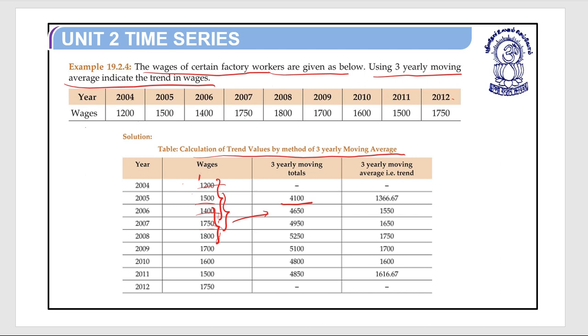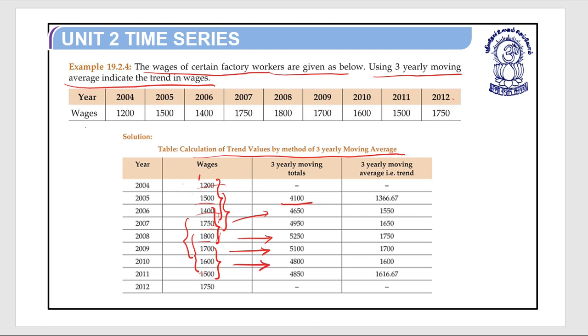For 2008, take 1750 plus 1800 plus 1700. So for 2008 you will get 5250. For 2009, take 1800 plus 1700 plus 1600. You will get 5100. 2010, take 1700 plus 1600 plus 1500.